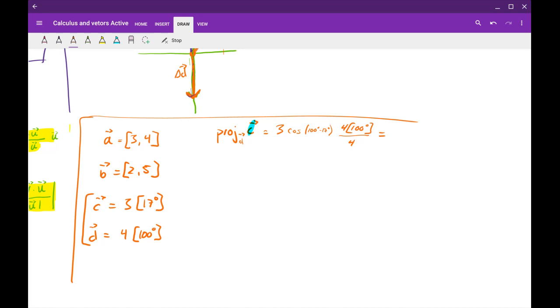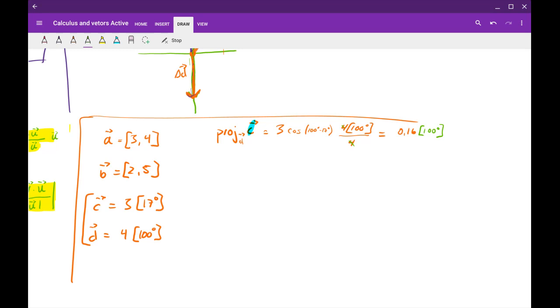All right, so it's some tiny number, times 3 is about 0.16. This 4 and that 4 cancel, and I'm preserved at 100 degrees as my direction. All right, so the projection of C onto D is 0.16 at 100 degrees.